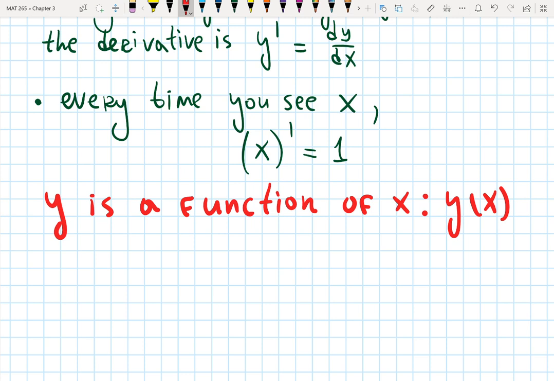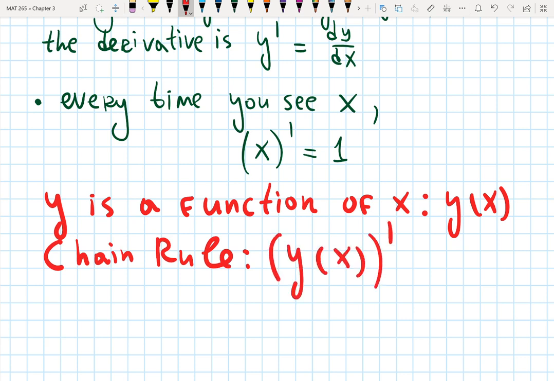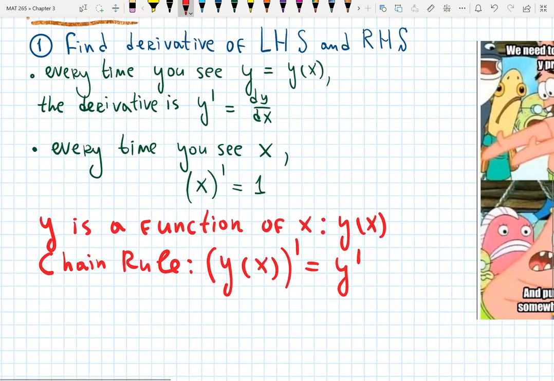So based on the chain rule steps in and says, well, if you're differentiating y of x, it's not 1 anymore. X prime is 1, but y of x prime is y prime. Looks weird, but I will show you what I mean here. And you'll get used to it at some point.